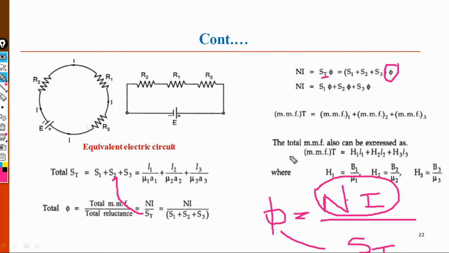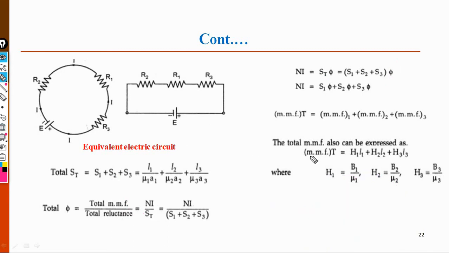Now this is the concept of total MMF. Total MMF is calculated as H1 into L1 plus H2 into L2 plus H3 into L3, where H means magnetic field intensity and L means the length of the circular path, that is L1, L2 and L3.